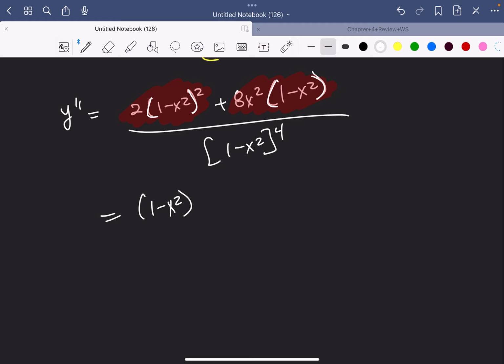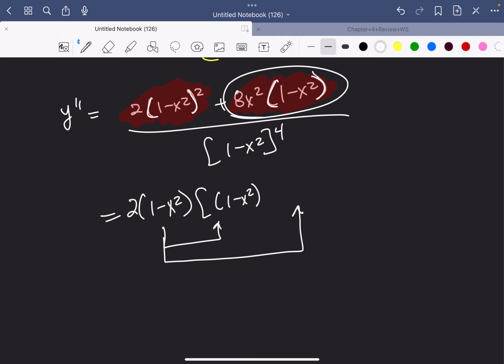So if you pull it out, 1 minus x squared times 2, let's see, I'm sorry, you can actually pull a 2, 1 minus x squared. If I pull a 2, 1 minus x squared, what's left behind is 1 minus x squared. And then 2 times 1 minus x squared. If I pull it out of this, who would be left behind? Well, how about 4x squared? Right.